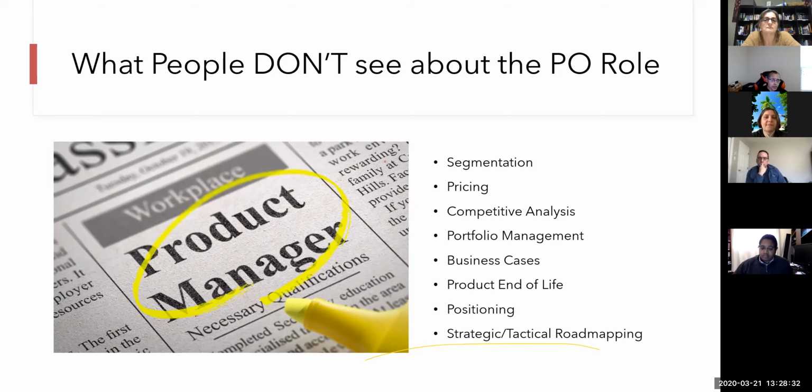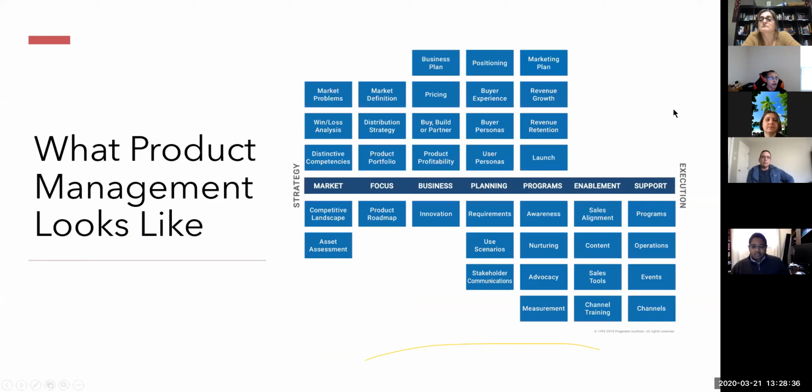So I'm going to show you a tool here that will help you kind of understand what product management really is. Because what we're talking about is product management. It's not talking about just the technical side. The product owner role is really on that business side and trying to figure out how am I going to actually make my product successful.